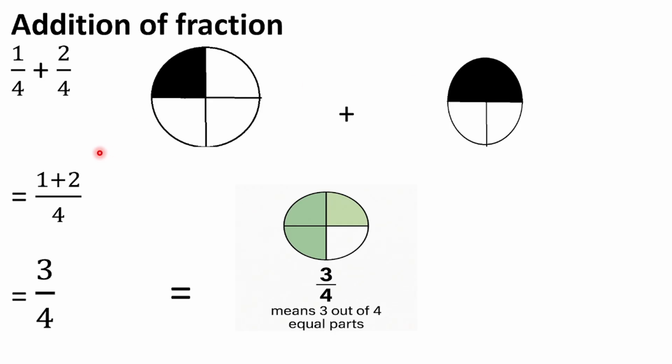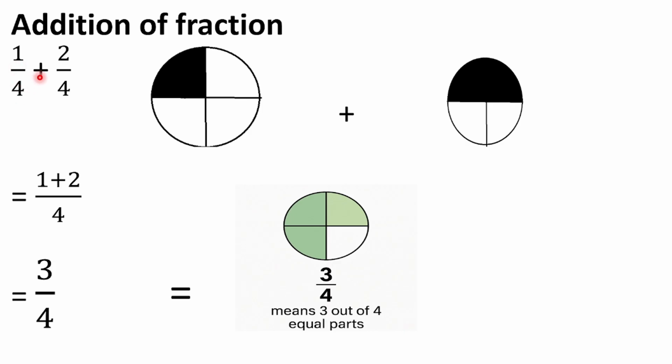If we add these two fractions, it is very clear that it will become 3 divided by 4. But this is a pictorial representation. Let's see how we can add the fractions mathematically.